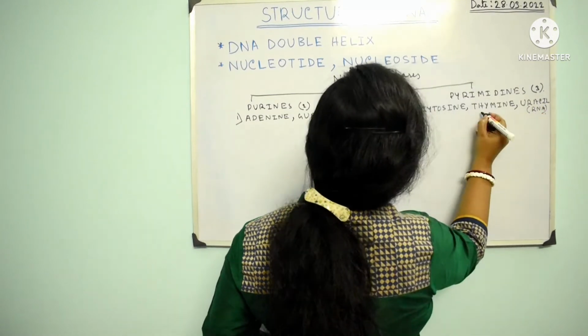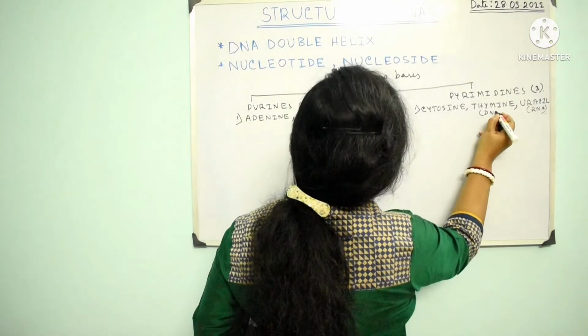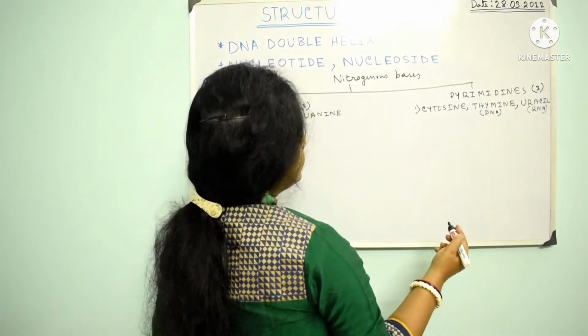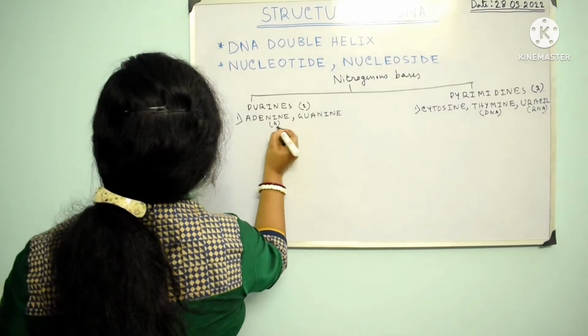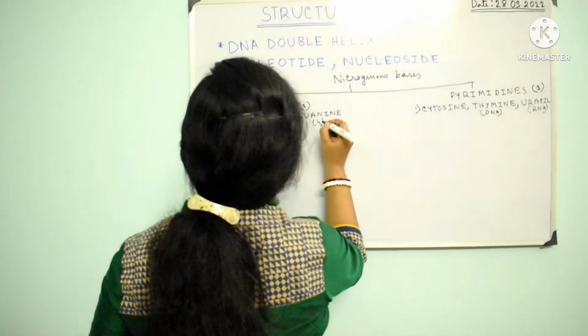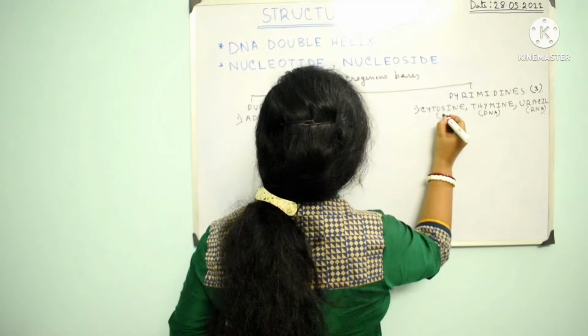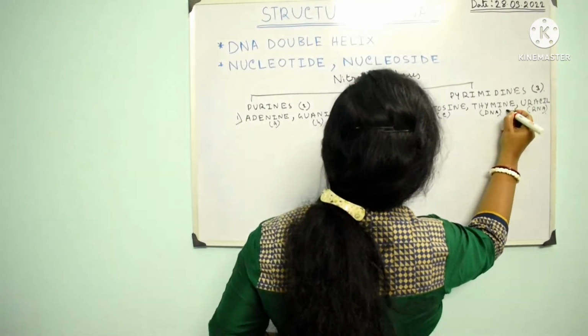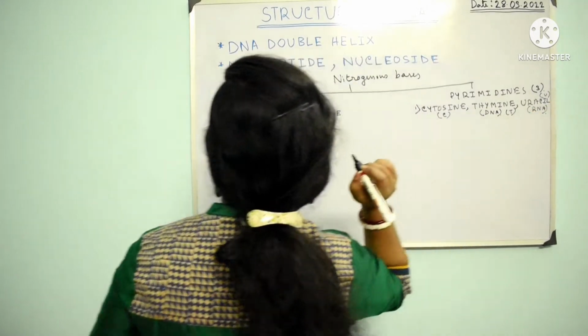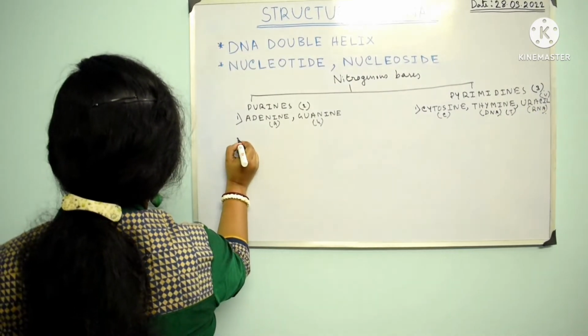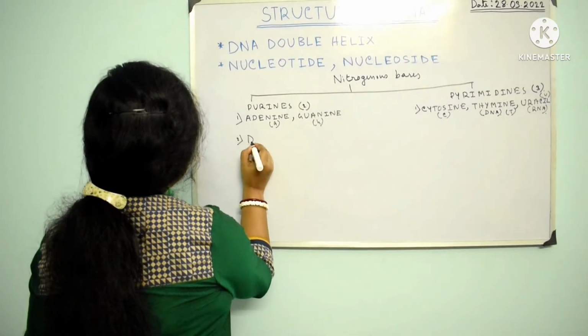And in DNA thymine. Okay, adenine, guanine, cytosine, thymine and uracil.